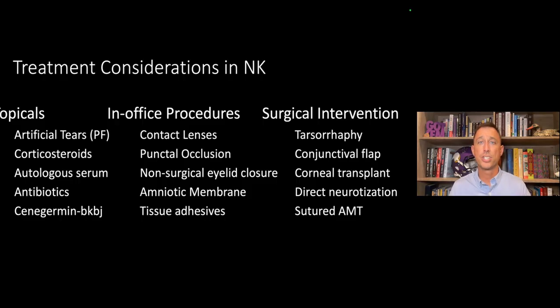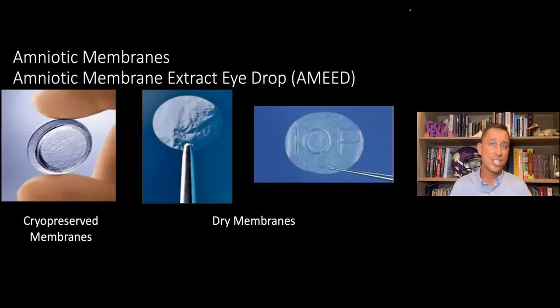Those are big procedures. In our practices, we want to utilize those topicals and those in-office procedures if at all possible. Amniotic membrane grafts, a great option. Almost all my patients with NK get this first. I'll use an amniotic membrane graft. There's data to support these in NK as well. If you do a literature search, there's some studies out there supporting these.